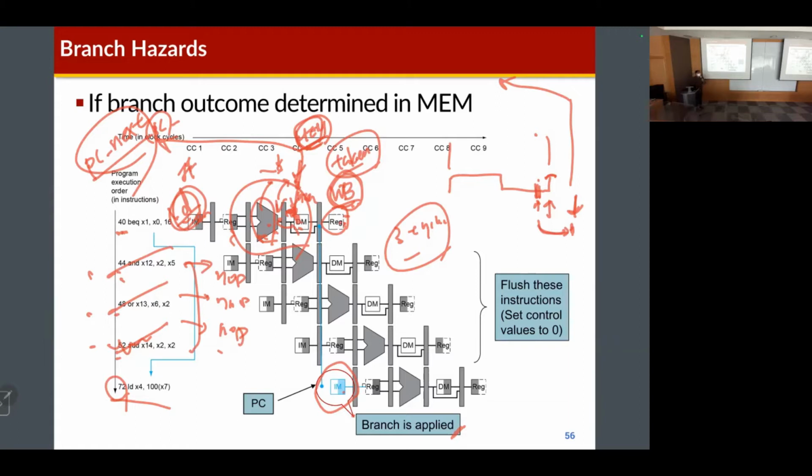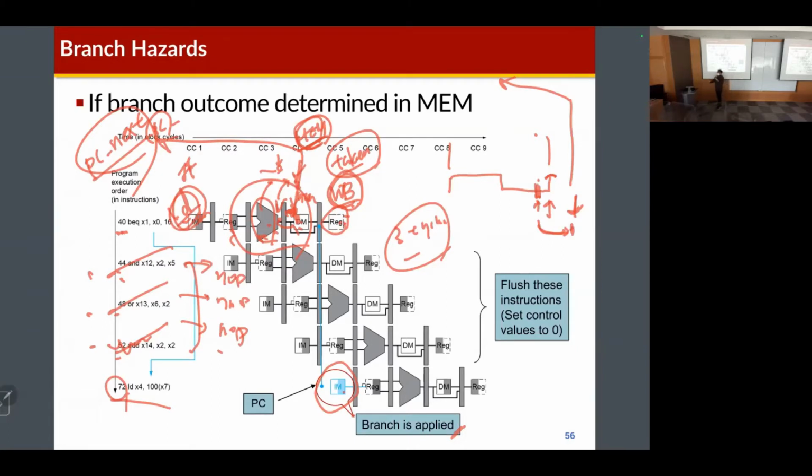So in the previous class, we learned about the control hazard by branch instructions. And then I explained that if the branch is determined in the memory stage, when the branch instruction is in the memory stage, the result of the branch instruction is determined.